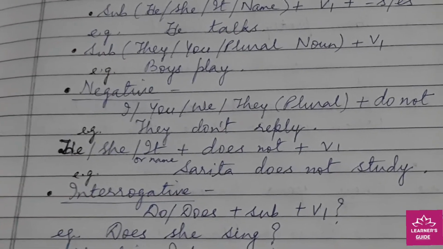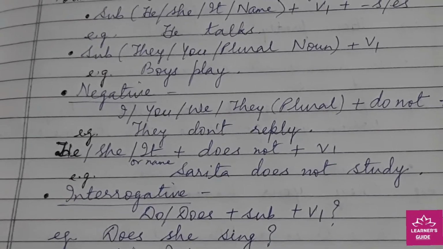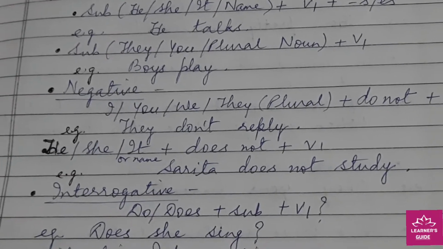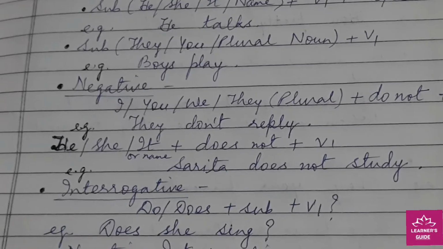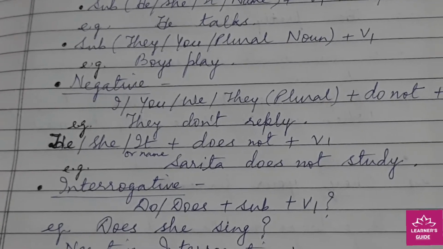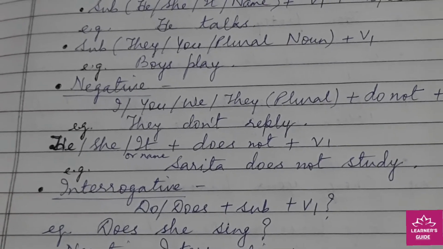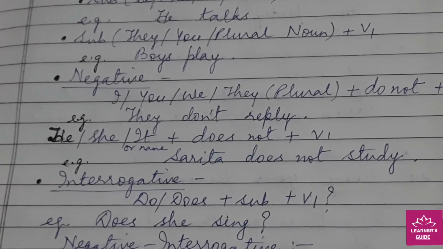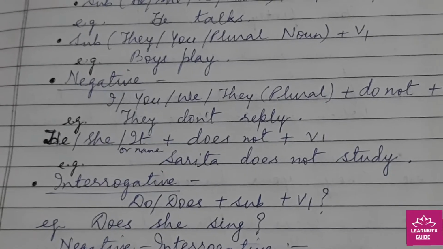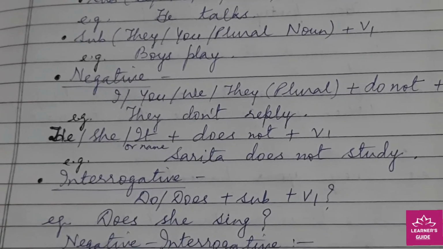For example, boys play. We should never say boys plays, okay? Because plays means verb plus s. That format is used with singular number subjects. Like boy plays is correct, but boys play. Girls play. Girls laugh. Like this.